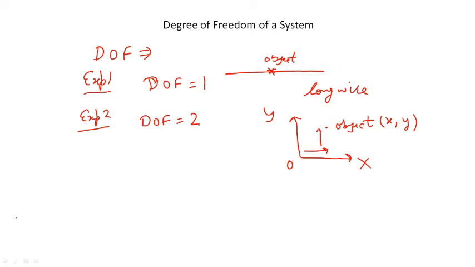Now let us take the third example. Suppose an object is placed in a three-dimensional space. This is your x-axis, this is your y-axis, and this is your z-axis, and this is the origin. And the object is placed here.